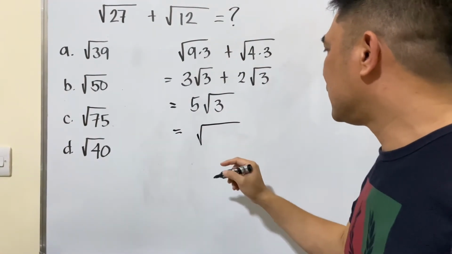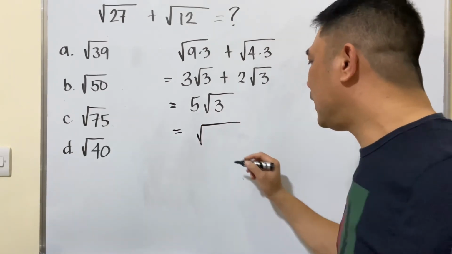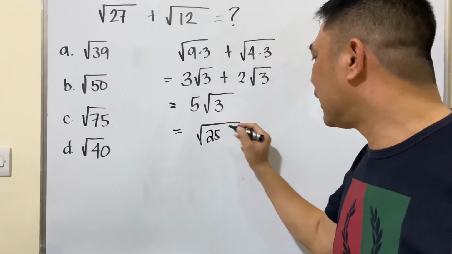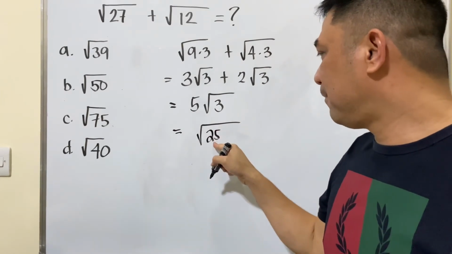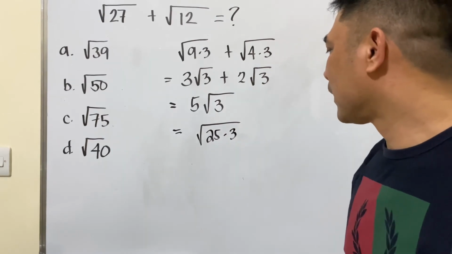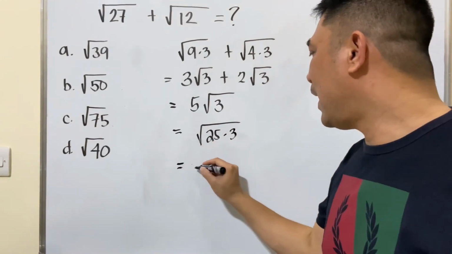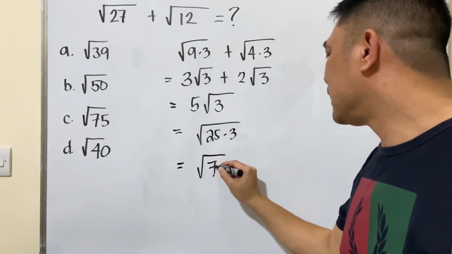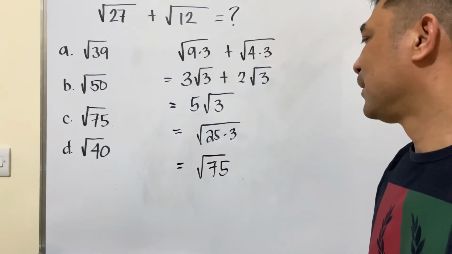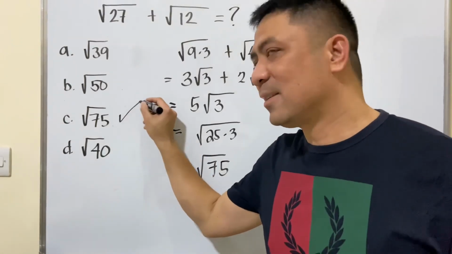What is 5 times 5? That will be 25, right? Because the square root of 25 is 5, times 3. So 25 times 3, you'll have the square root of 75. In this case, our answer is letter C.